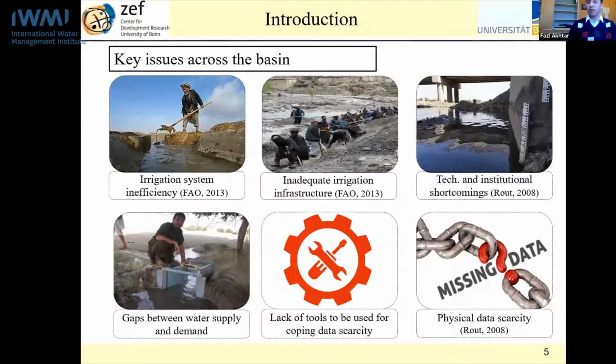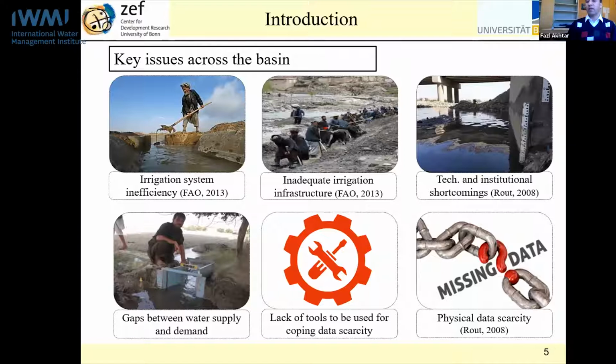There is also a lack of tools developed especially for this region to address the data scarcity issue, because in the last 40 years we haven't been able to collect enough data to derive scenarios and make decisions based upon it.